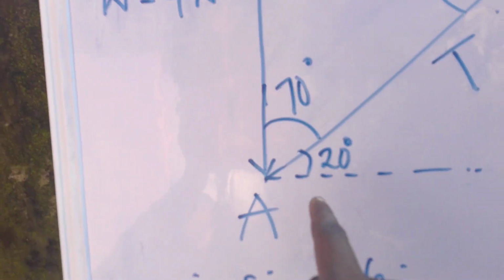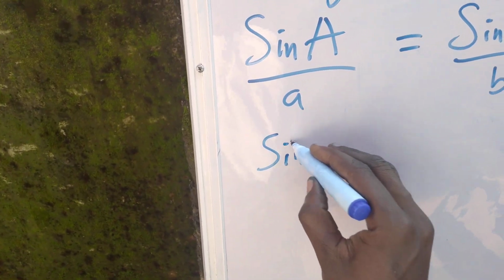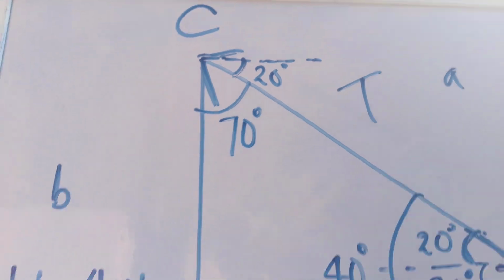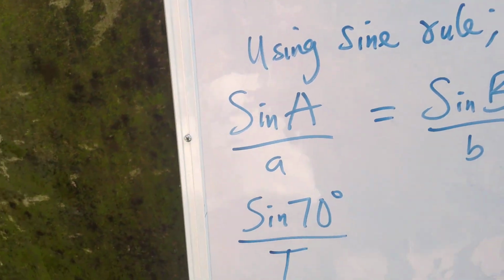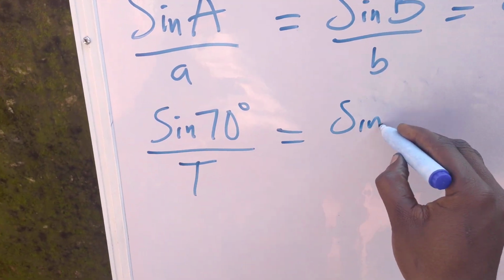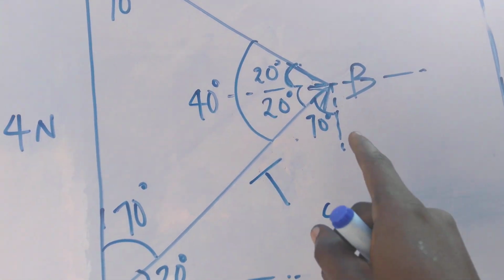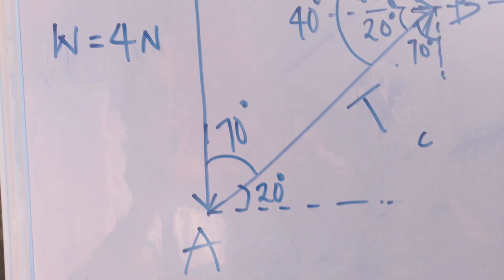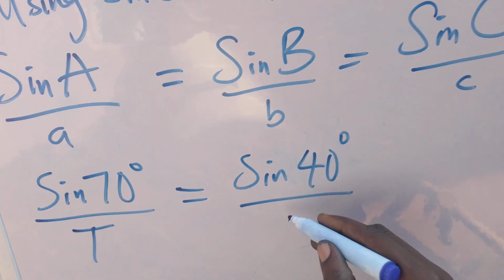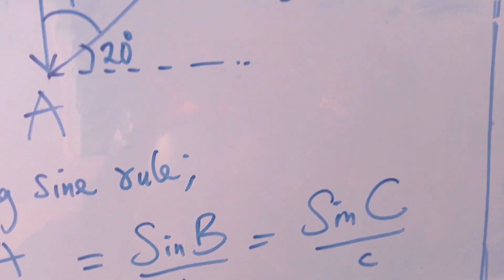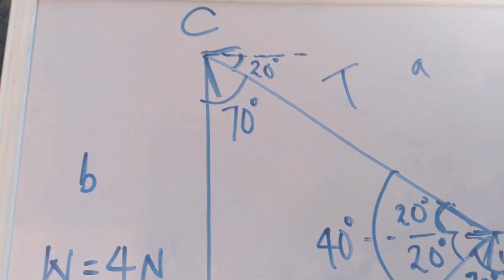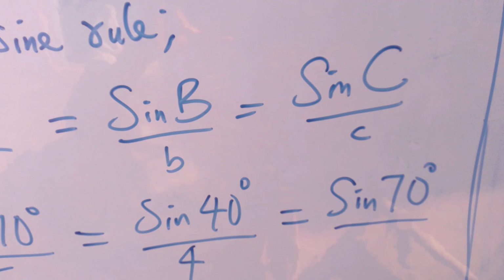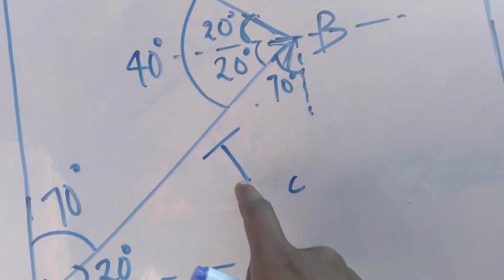The angle at A is 70 degrees, so that's sine 70 over small a, which is tension T, equals sine of the angle at B, which is 40 degrees, over small b, which is the weight, 4 Newton, equals sine C, the angle at C is 70 degrees, sine 70, and small c is also tension T.